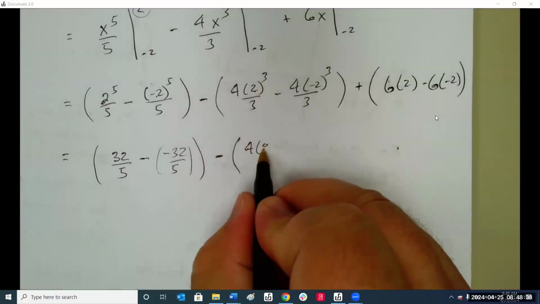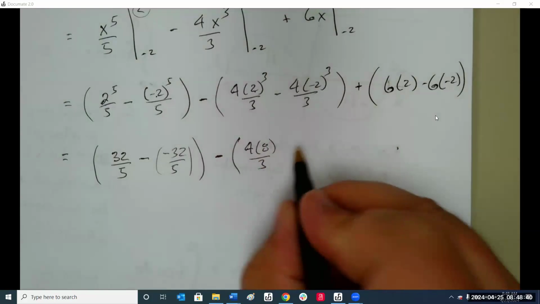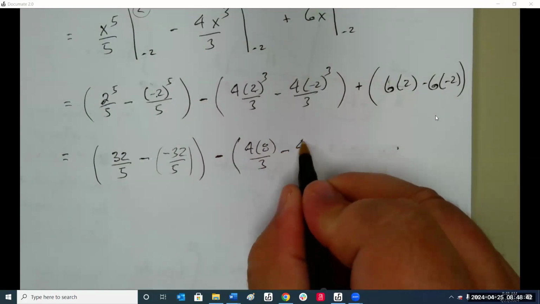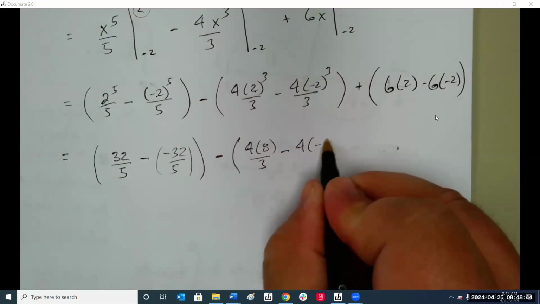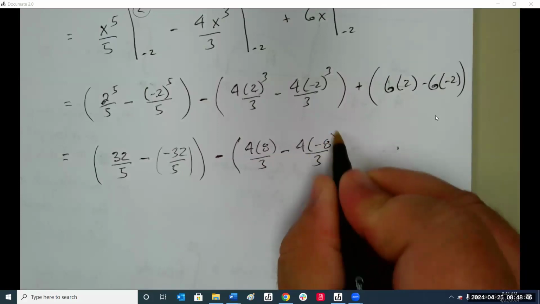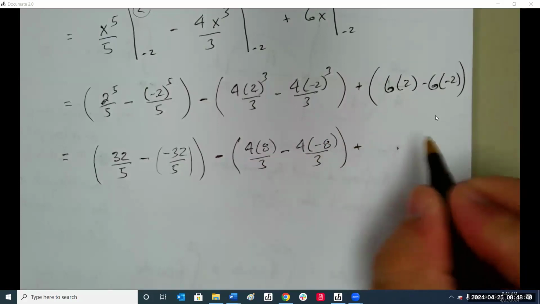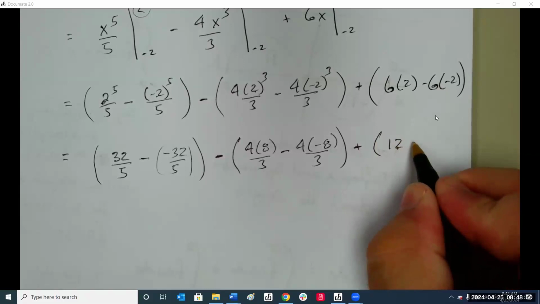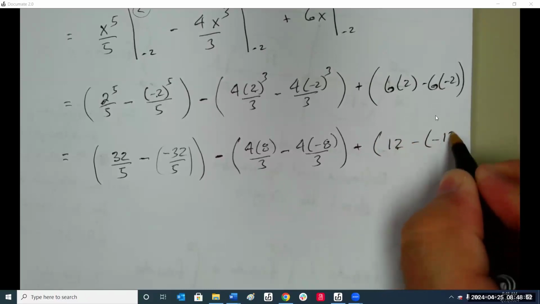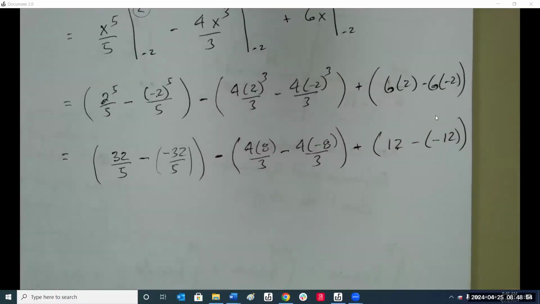Two cubed is 8, and -2 cubed is -8. 12 minus -12.